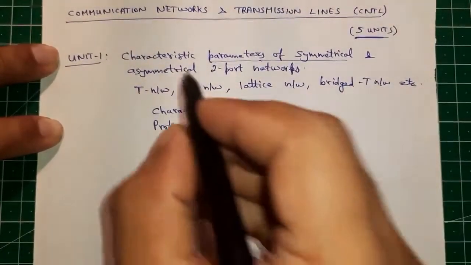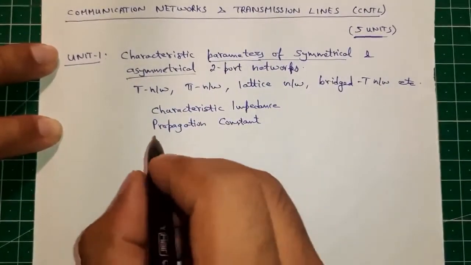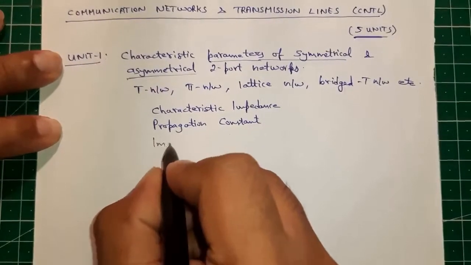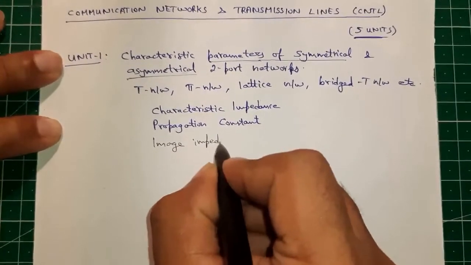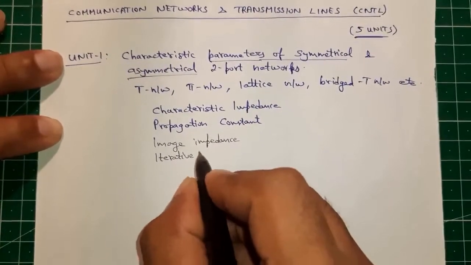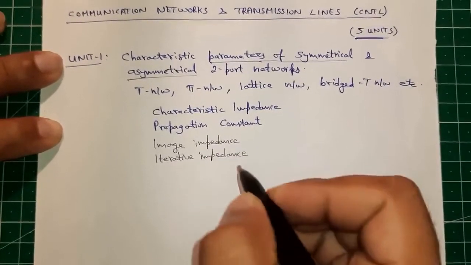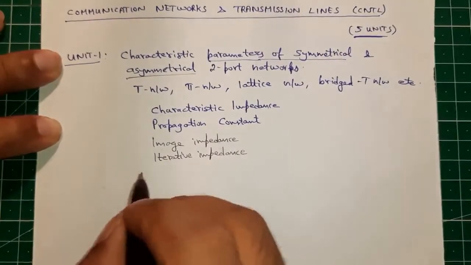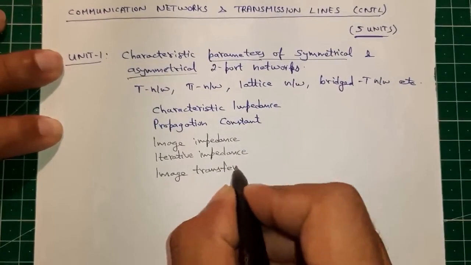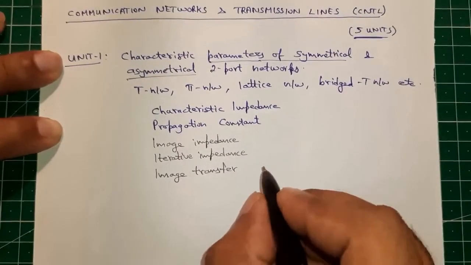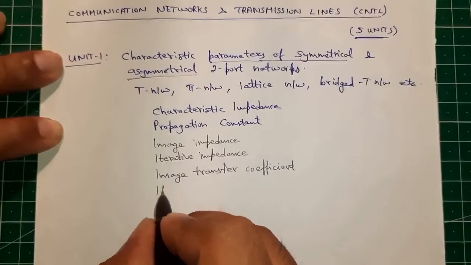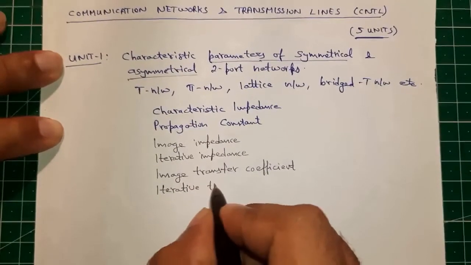Then for asymmetrical networks, we will be seeing parameters such as image impedance, iterative impedance, image transfer constant or coefficient, iterative transfer constant or coefficient.